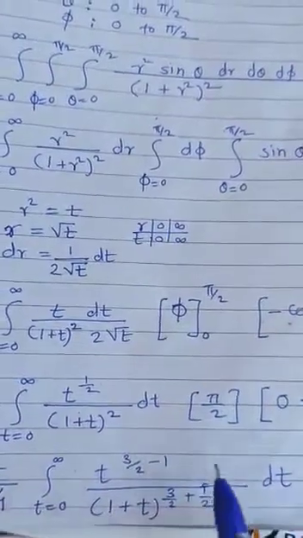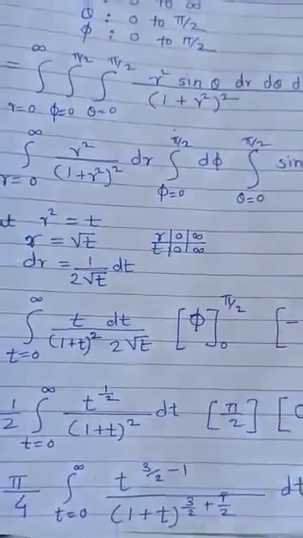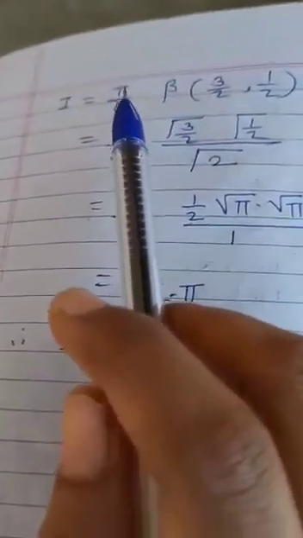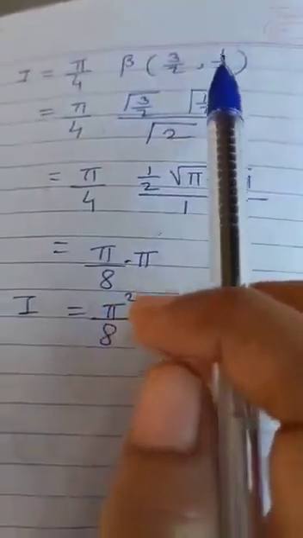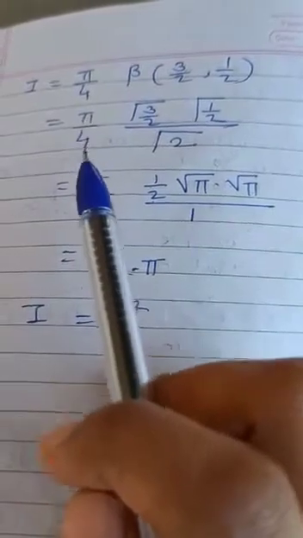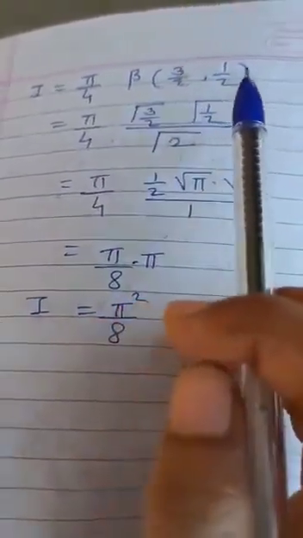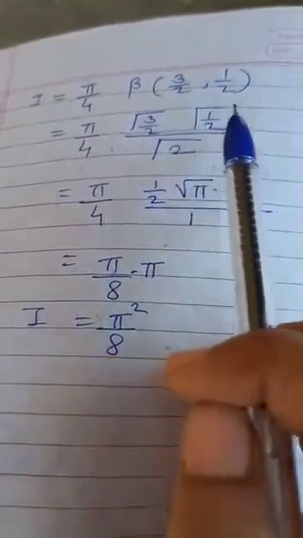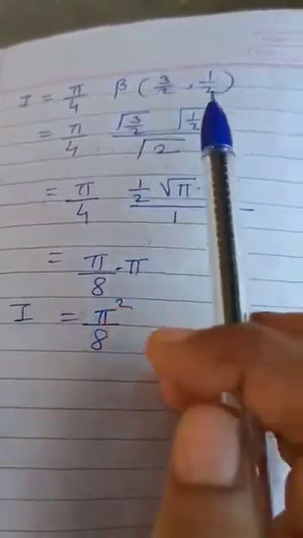So this first integration becomes beta of 3 by 2 comma 1 by 2. So see the value. R is equal to pi by 4, which was the constant taken outside, times beta of 3 by 2 comma 1 by 2, which is equal to pi by 4, and beta of 3 by 2 comma 1 by 2 in terms of the gamma function is gamma 3 by 2 into gamma 1 by 2 upon the addition of these two.